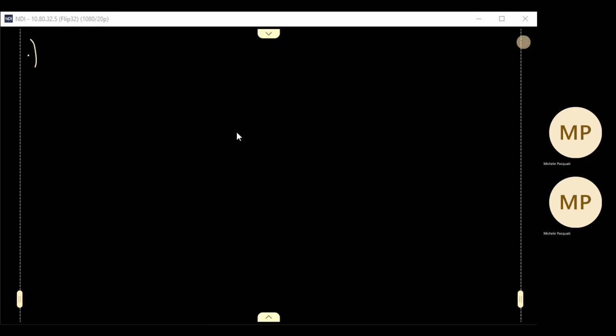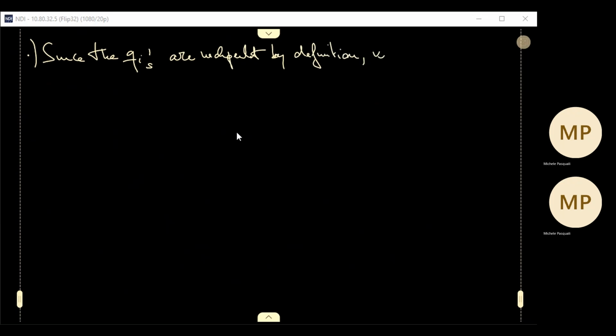So, since the q_i are independent by definition, you can write this.